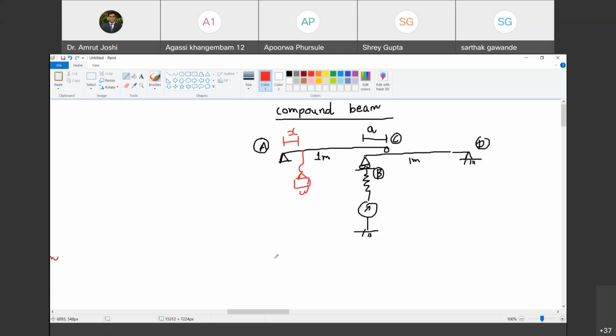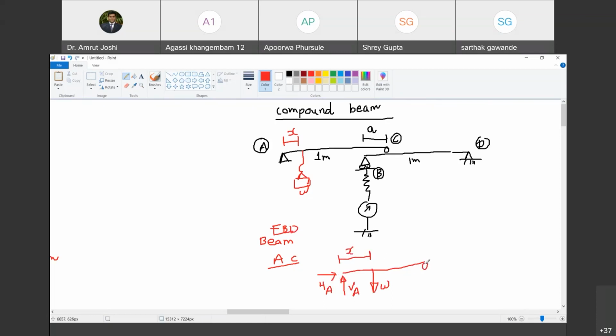So let me draw the free body diagram of beam AC. Let us make the free body diagram of beam AC. How will it look? Tell me. So it is going to be VA. Are you with me? Yes, sir. HA. Then you are going to have W at distance X. Happy? Yes, sir.